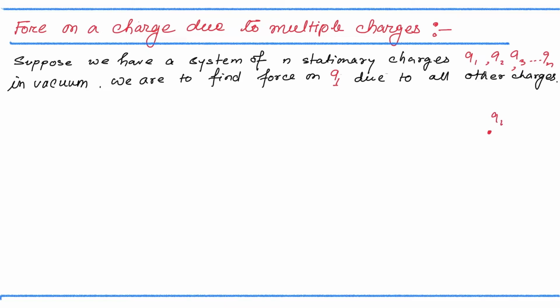Suppose this is Q1, it is Q2, Q3, and so on. We have n number of charges, this is suppose Qn.